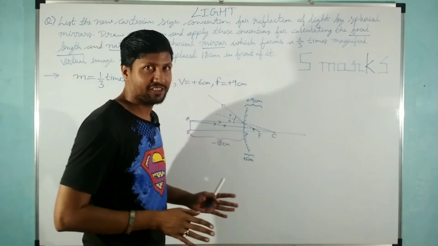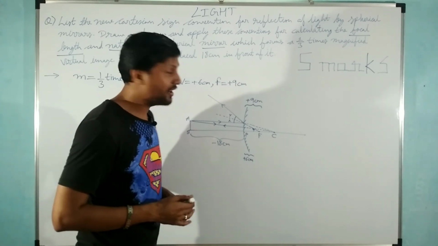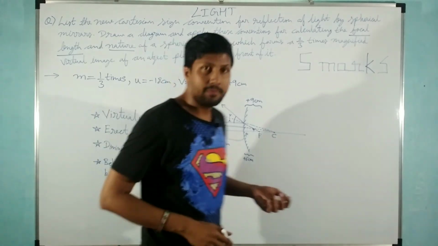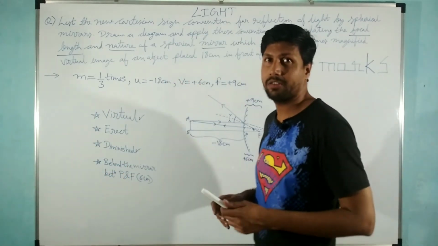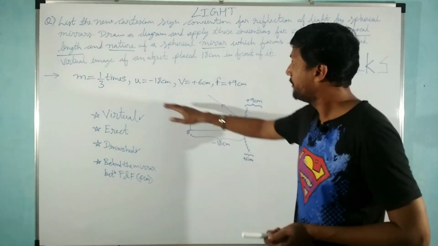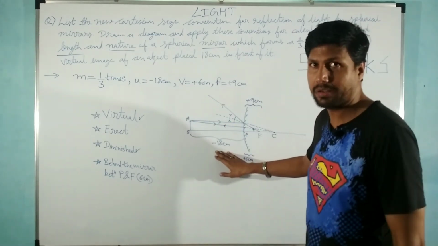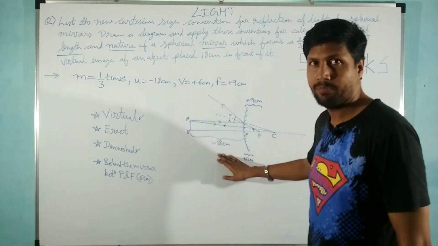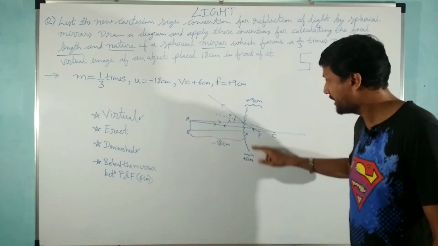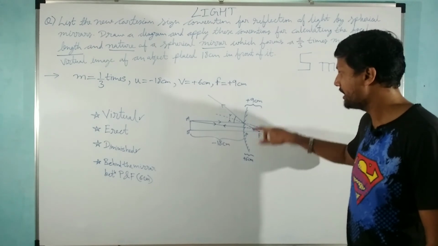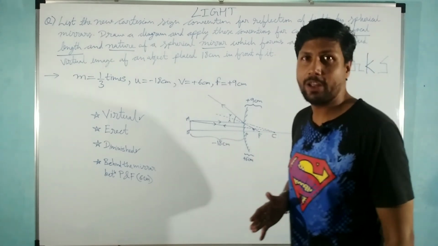Nothing more, nothing less. Okay, so I think I'm clear with the diagram. You'll be able to draw the diagram easily, and by the calculations that we did previously, we know all these things, and I've drawn all these things. That is, the object distance is minus 18 centimeters, the image distance is plus 6 centimeters, and the focal length is plus 9 centimeters. So that's all for today.